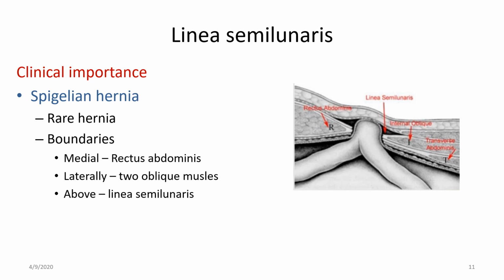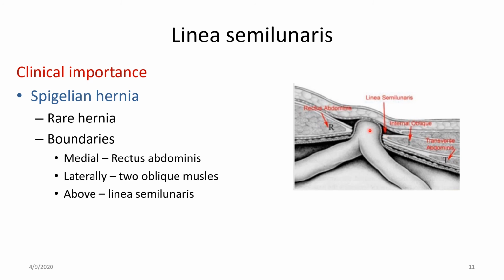This is not normal, it is abnormal protrusion of the abdominal contents. And here you are seeing in the picture the herniated gut loop along the linea semilunaris.